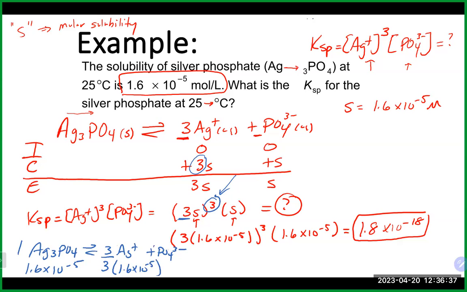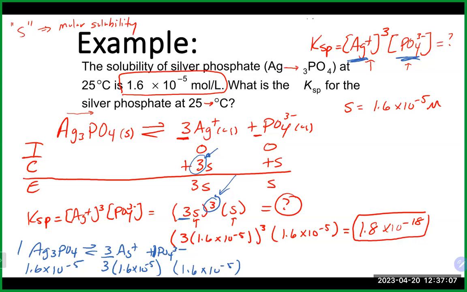That's a 1 to 1 relationship between that and phosphate, which means this would be 1.6 times 10 to the minus 5. And then those would go into here. So the ice table is just walking you through the fact that you need to multiply it by 3 and stuff like that, so you hopefully won't forget to do so. But if you understood that's how you get the molarity of each of the ions, you could just do that and then go into the Ksp expression, which is the same deal. Question on any part of that there?